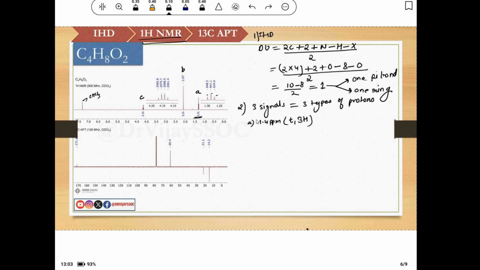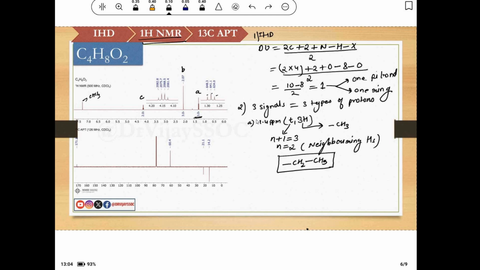This 3 hydrogen implies that this could be methyl, and this triplet means if you apply n plus 1 is equal to 3, so n is equal to 2, it means it has 2 neighboring hydrogen. So it could be possible that there is CH2 which is attached to the CH3. So this is the information we are getting from this 1H NMR.